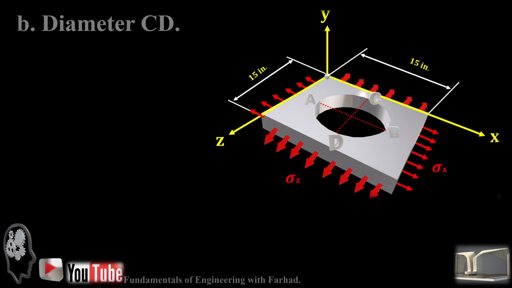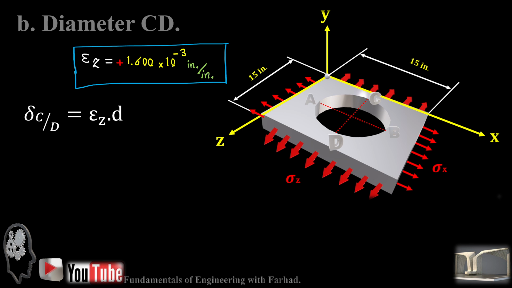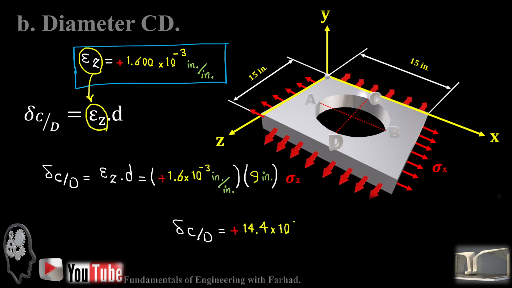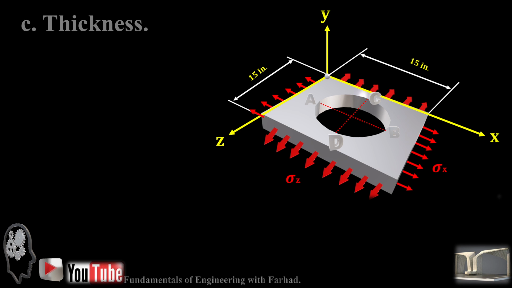Likewise, you can do it for part B, which is diameter CD, and you have to be careful. CD is in the direction of the z axis, so delta CD is epsilon z times the diameter this time. We already know what epsilon z is, replace it in the main equation, do the math, and get the numeric value for delta CD, which is positive 14.4 times 10 to the negative 3 inches.